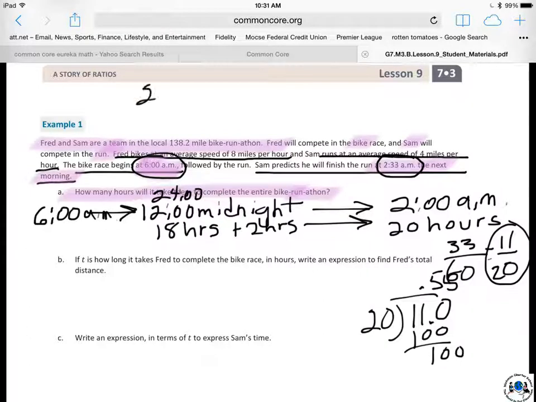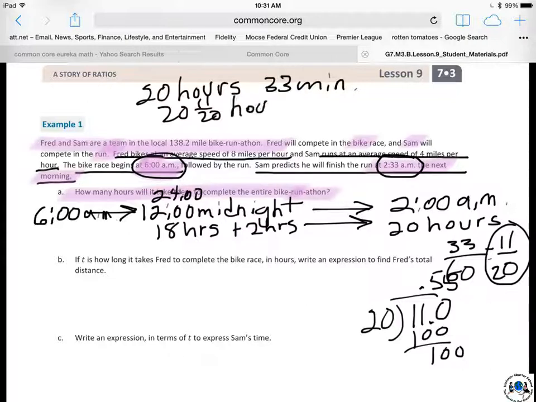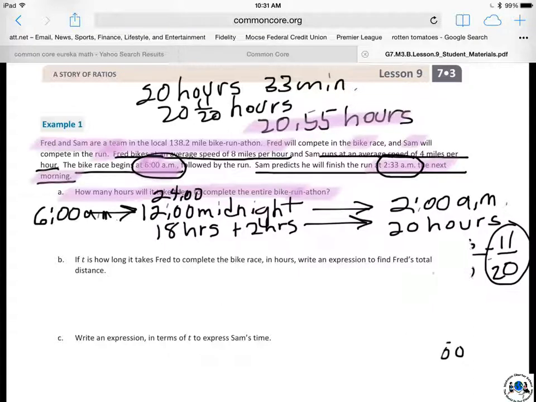We could have put 20 hours and 33 minutes, could have put 20 and 11/20 hours, or 20.55 hours. Okay, and probably the reason they want us to use this one is it's probably going to be easier to use in the rest of these problems.